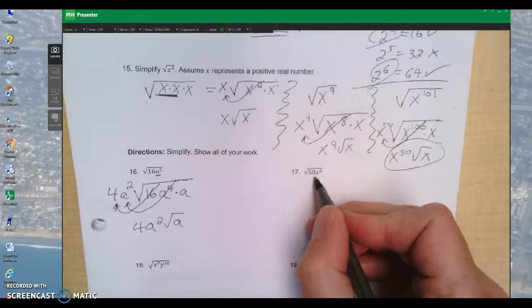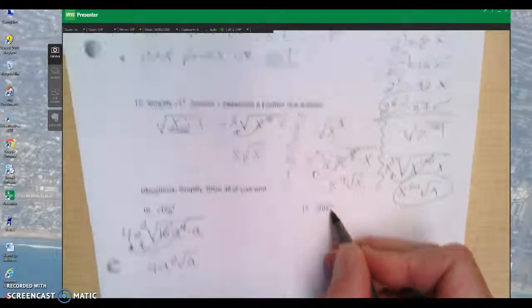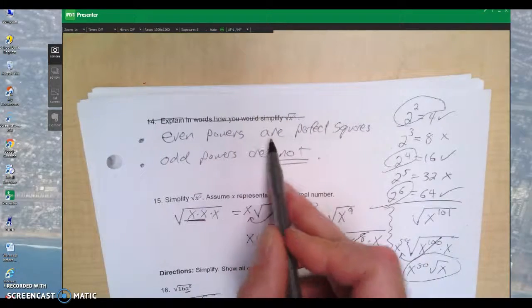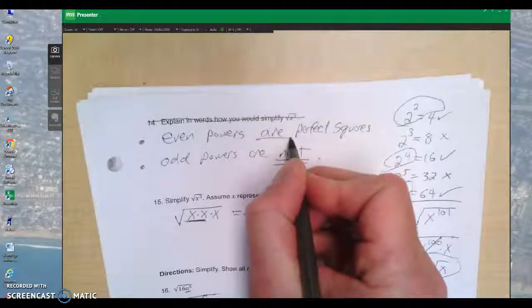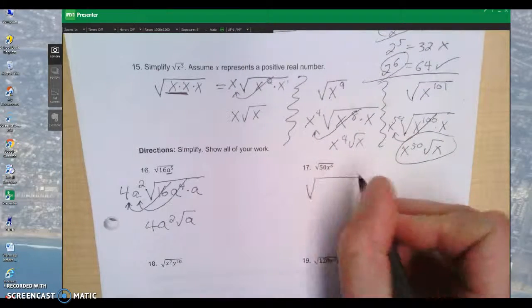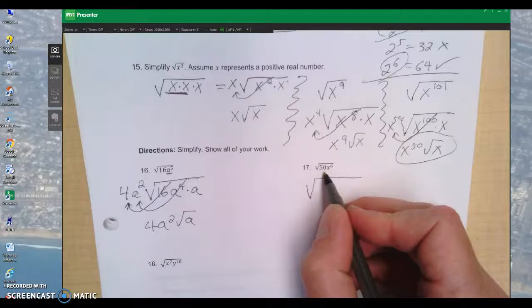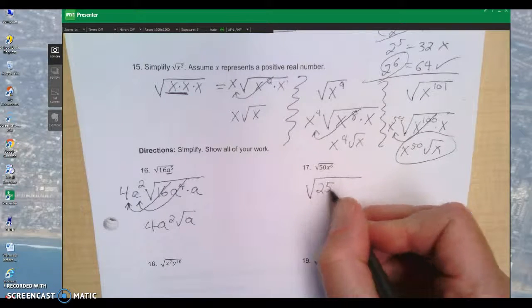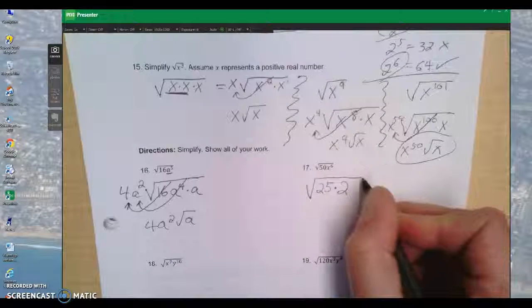Number 17, 50 is not a perfect square, but x to the 6th is, because even powers are perfect squares. But 50 isn't. Can you think of any factors of 50? Like if I said, give me 50 cents, wouldn't you give me 25 cents twice?